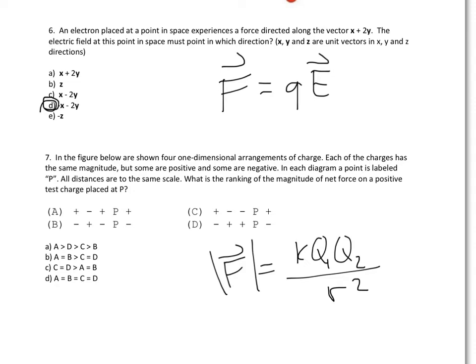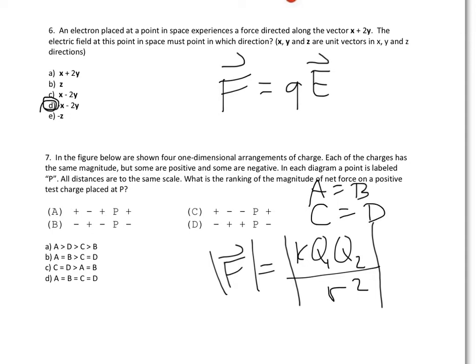Let me put an absolute value on this to make sure it's all positive, since you're just asked about comparing the magnitudes. So if you keep the magnitudes the same, but you just change the sign, summing up all those forces, you'll get the same result. So A has to have the same magnitude as B, and likewise C and D compare. They're just the negative of each other. So C must equal D.